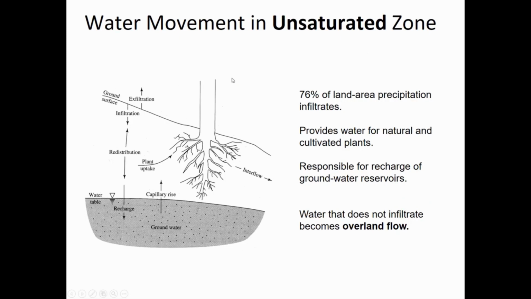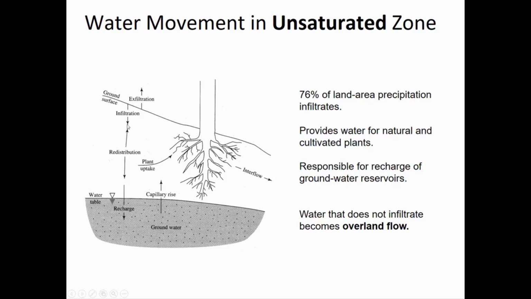the unsaturated zone. We sometimes call the zone below the water table the saturated zone, and the zone above it is sometimes called the vadose zone. That phrase is used a lot in environmental engineering. It's also called the zone of aeration. It's the rain that comes from the sky and hits the ground surface.